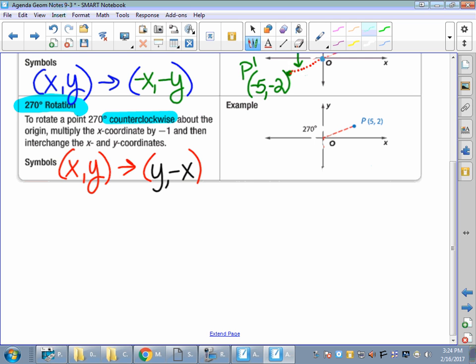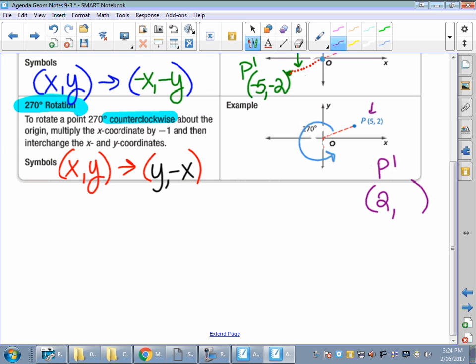So starting off with my same point P at 5, 2, if I'm going to rotate this 270 degrees, that's 3/4 of the way around, right? So I should land down there in quadrant 4. If I'm going to write out my coordinates for P prime, I'm going to multiply that x coordinate by -1 and interchange them.